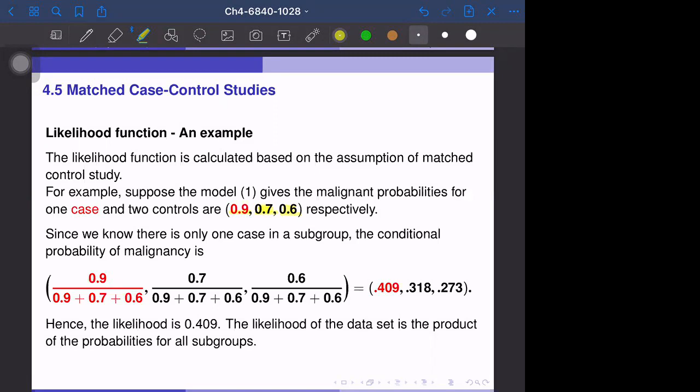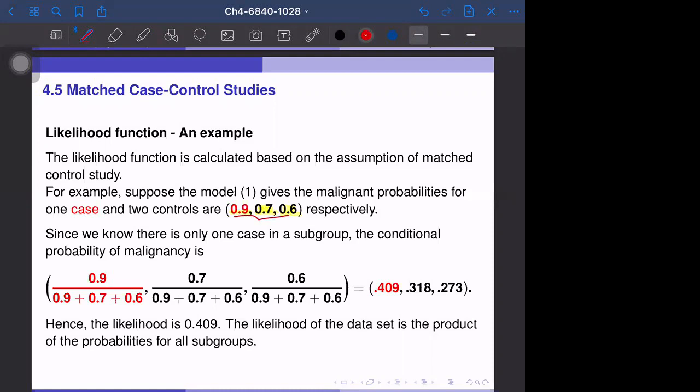So to calculate the likelihood, we will use the conditional probability. Given the assumption that only one of these three observations is malignant, we have to calculate the conditional probability. So we have to make the summation of these three numbers equal to 1.